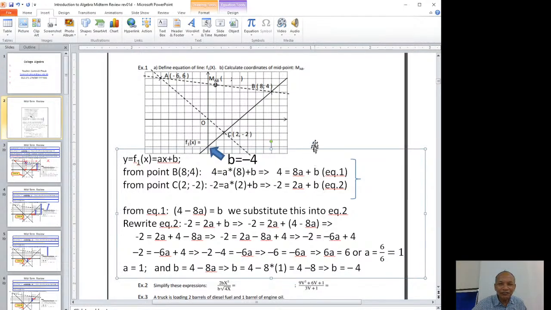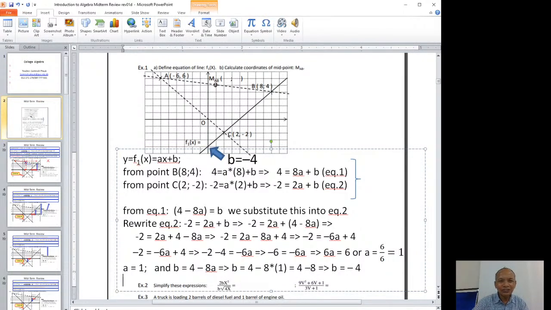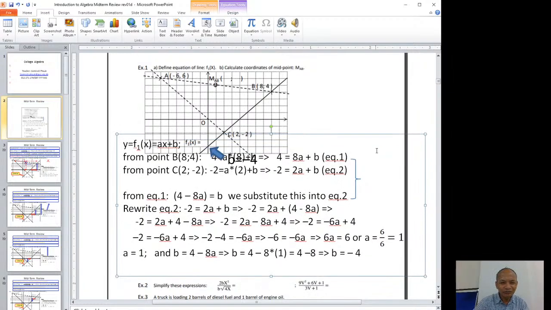You can see at first sight, at first glance, just take a look and then you know right away. Finally we have to write the final result: y equals x minus 4.